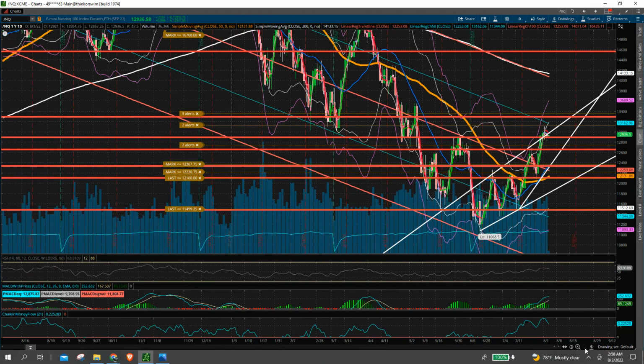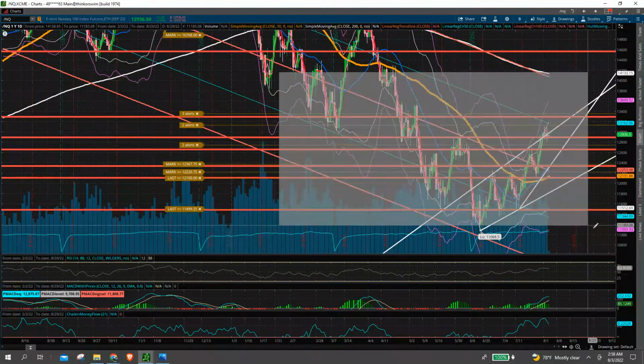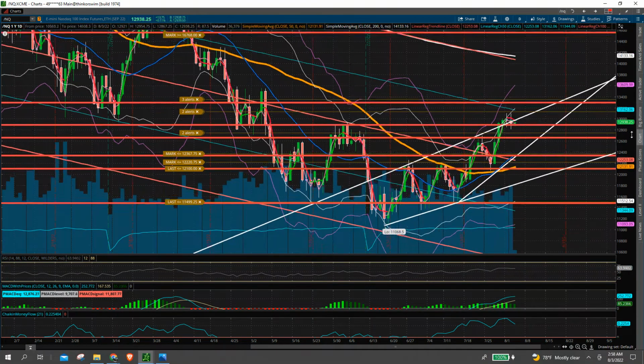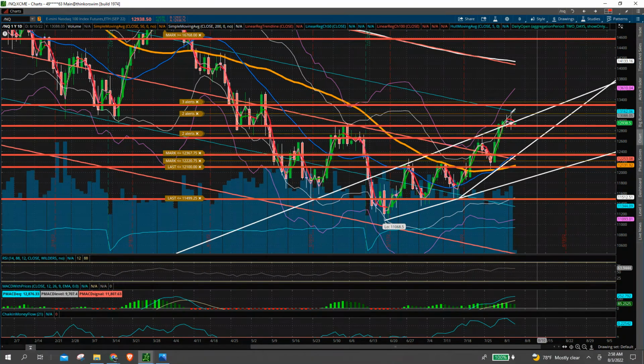So even though there could be a pullback to retest some of this area, I think it'll be more of a buy the dip with a continuation upwards to the next demand and supply zone, which is above the 13,000 into the 13,500 area, and then after that the 13,550, 600 up to the 14,250 zone.